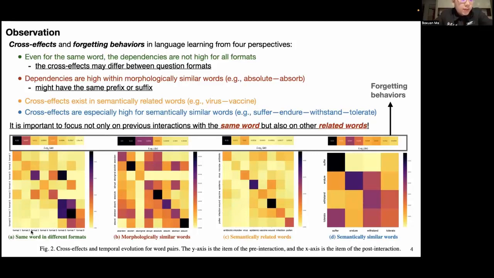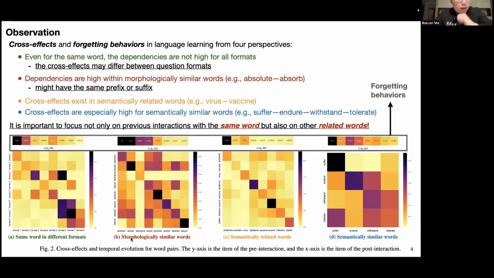The cross effects may differ between question formats. Also, we found the dependencies are high within morphologically similar words, which seems to make sense. And those words might have the same prefix or suffix.